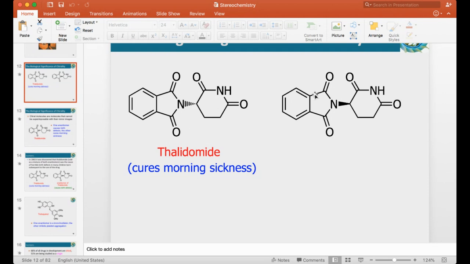I encourage you to look into ibuprofen online, read about the structure of ibuprofen, and I will relate the topic to that. It's very interesting because ibuprofen is chiral, and it's giving us a mix of enantiomers to people because there is no side effects of the other enantiomer.